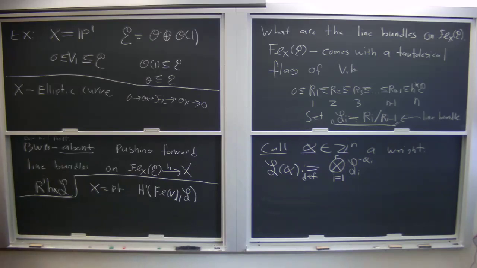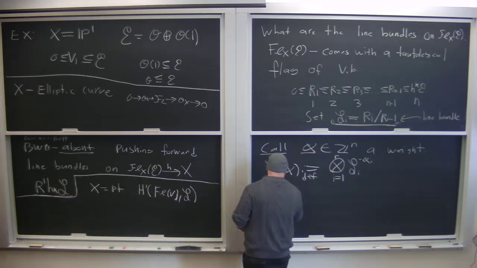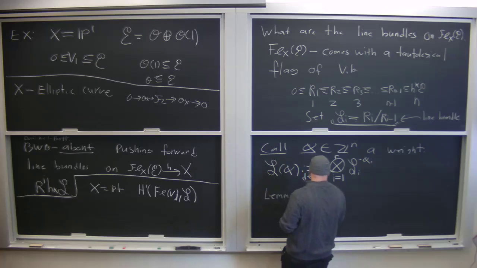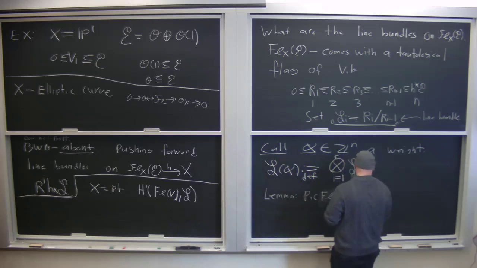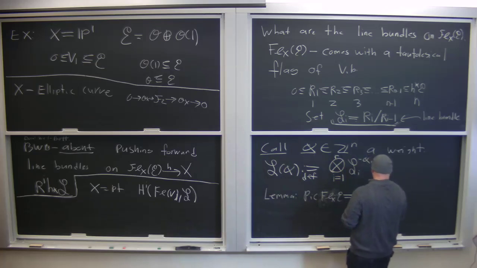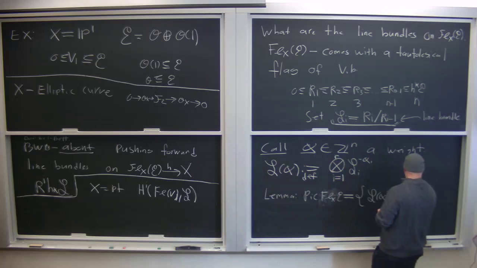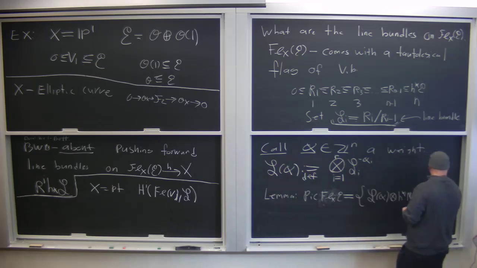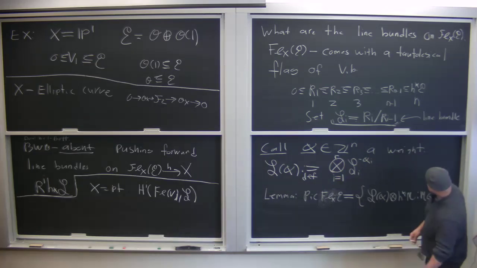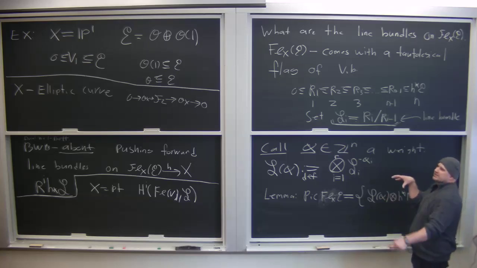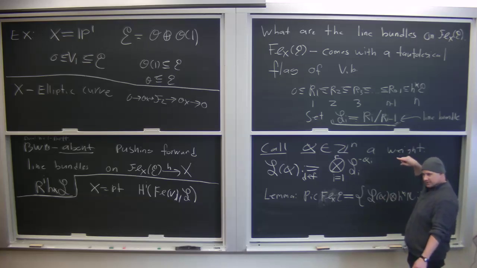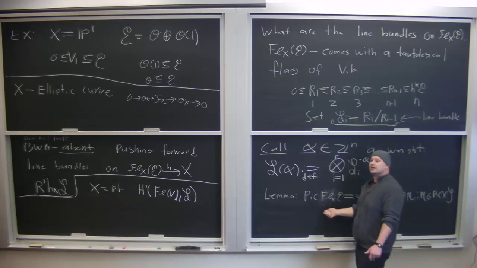So maybe here's the lemma. The Picard group of that space is really going to be Z^{n-1} tensored with anything coming from the base.